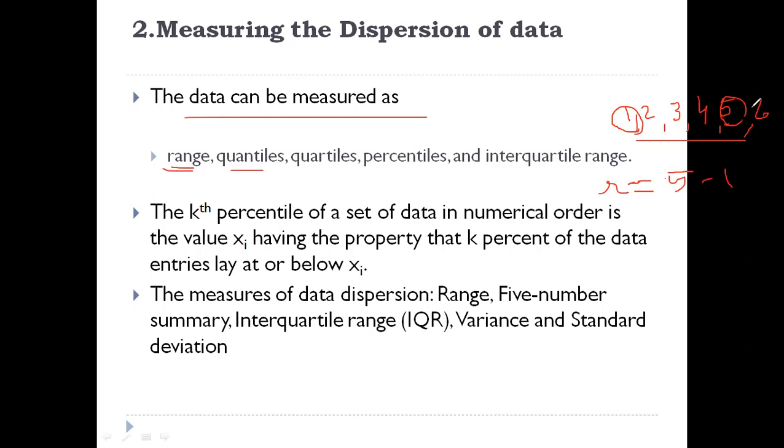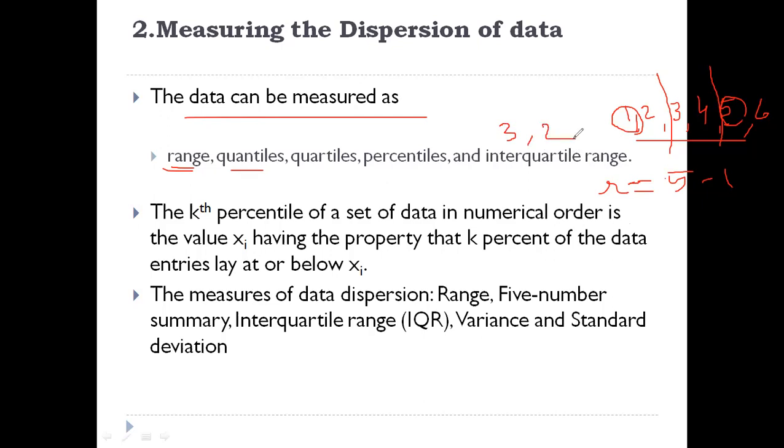Suppose I want to divide these 6 numbers into three groups: group 1, group 2, group 3. So I have divided this total data set into 3 groups. Each group has 2 units: 1, 2, 3, 4, 5, 6, isn't it? So when I have divided, the number of groups is 3, and each group has 2 units.